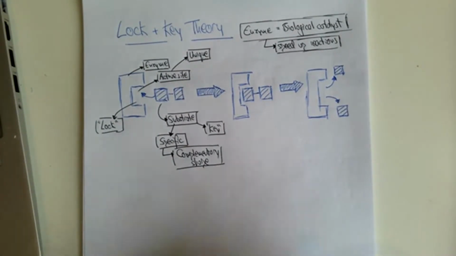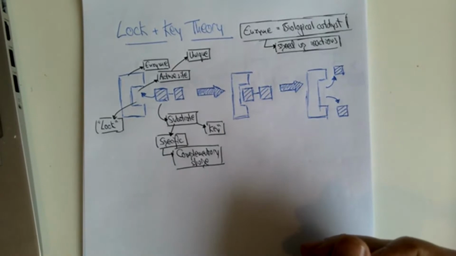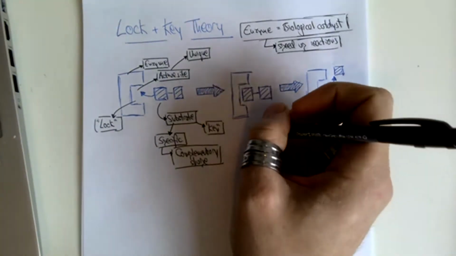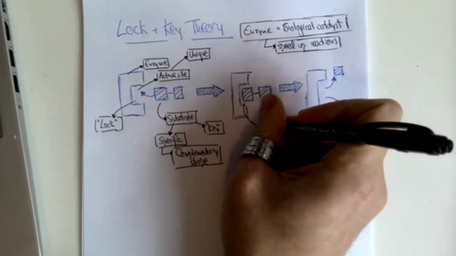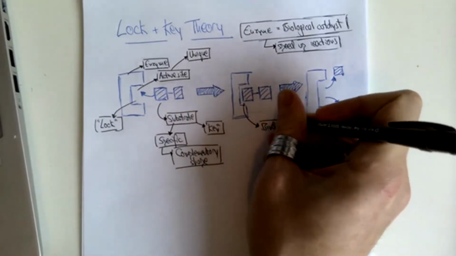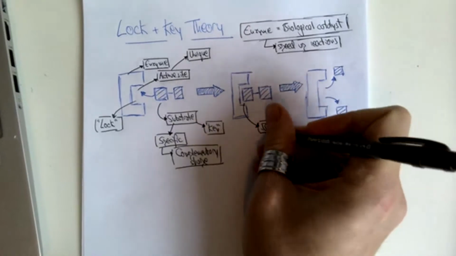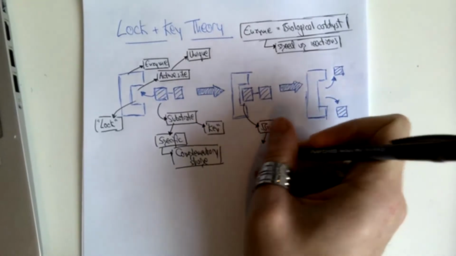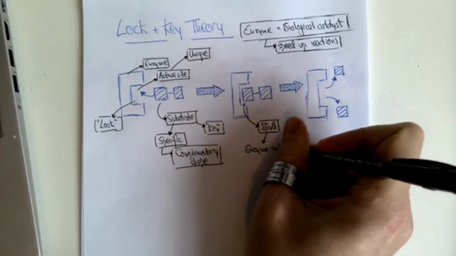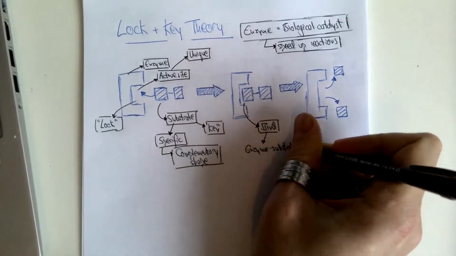So the active site and the substrate bind to each other to form an enzyme substrate complex. So they bind and they form what's called an enzyme substrate complex.